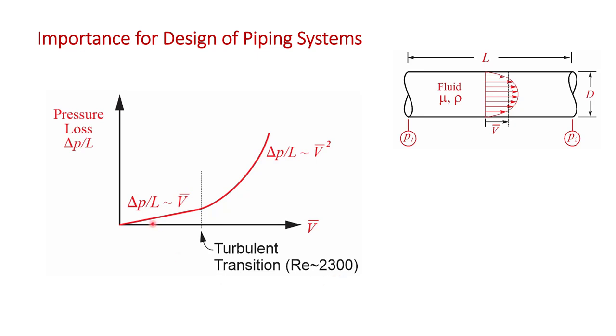You'll find from your Lab 2 data that in the laminar regime, the pressure loss per unit length varies linearly with velocity, whereas in the turbulent regime, especially at high Reynolds number, the pressure loss per unit length varies approximately as the average velocity squared. As you can imagine, this has significant implications for the design of piping systems.